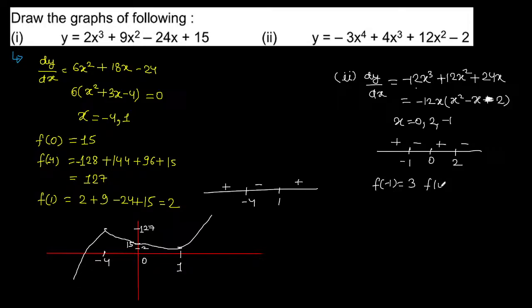Go with f(0), f(0) is nothing but minus 2. Go with f(2), minus 48 plus 32, 48 minus 2, which is 30. Now we can plot the graph.